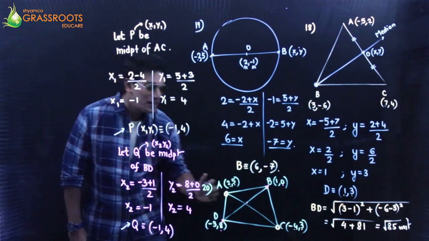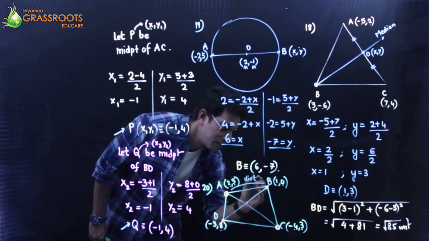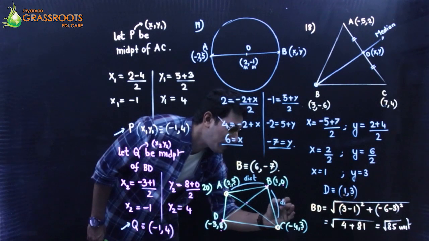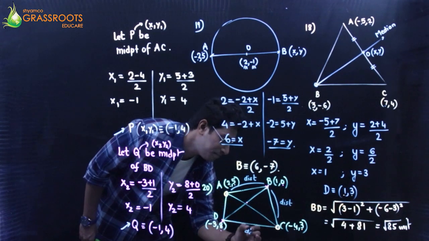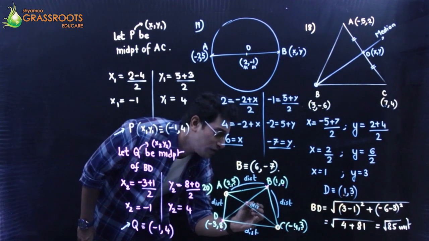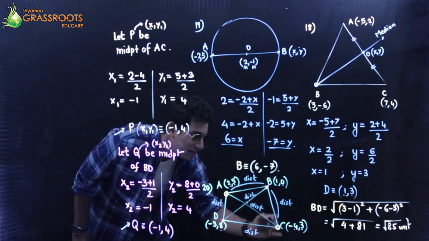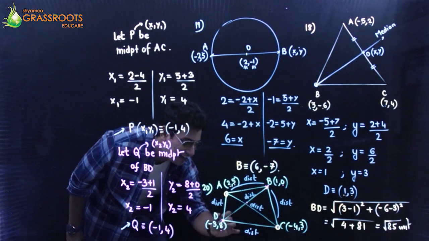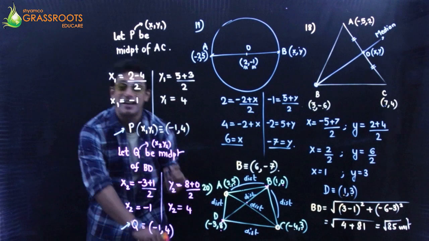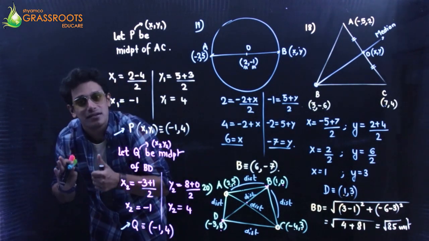What you do after this is use the distance formula. Find the distance of AB, BC, CD, AD, BD and AC. Use the distance formula 6 times.